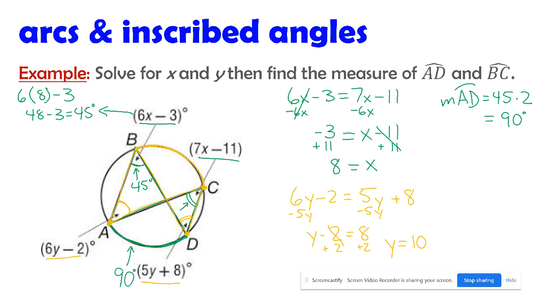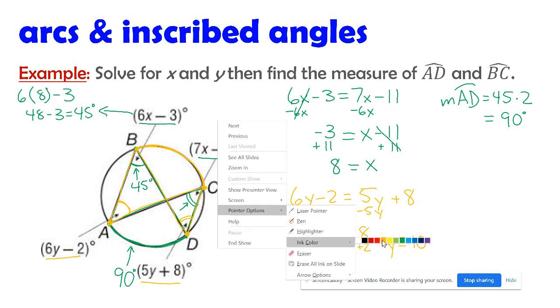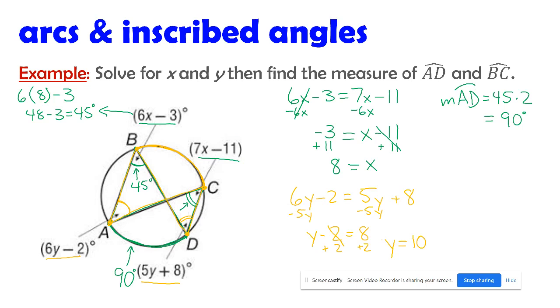All right, let's do the same thing with arc BC. You'll notice arc BC is marked in orange, and it's the arc created by both of these angles that have y in them. So I can take either angle and plug in my value of y and work this out. Let's take the 5y plus 8, and plug in our value of y, which was 10. So we have 5 times 10 plus 8. That's going to give us 50 plus 8, which is 58.